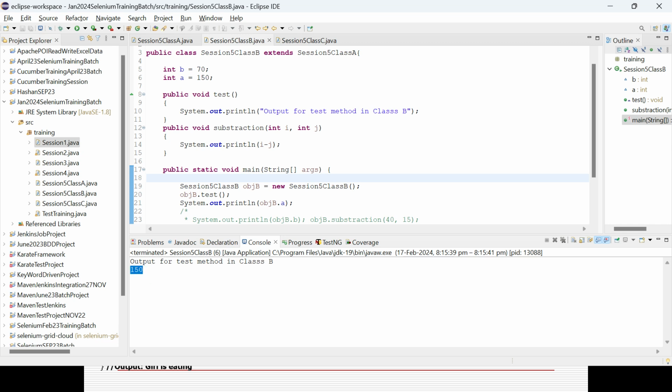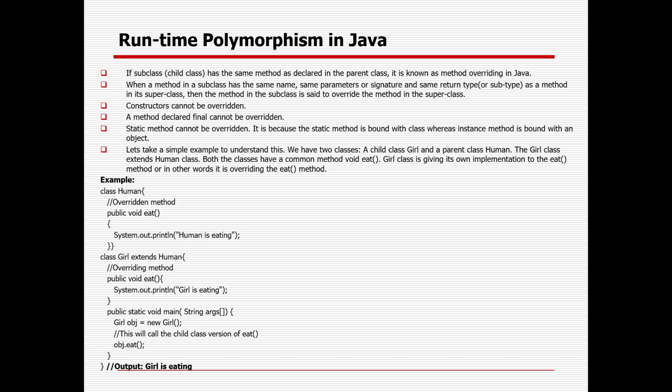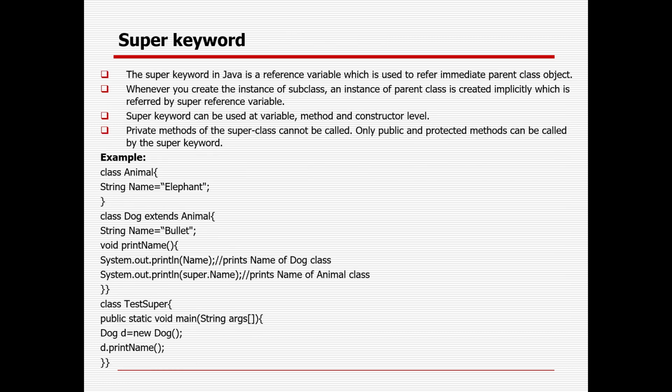Now the question might arise that I still want to access my parent class, or maybe I want to access both my parent and child class sometimes. How can I do it? There is another approach. We need to use the super keyword, through which we can access the parent class properties, as well as, if required, the child class properties.